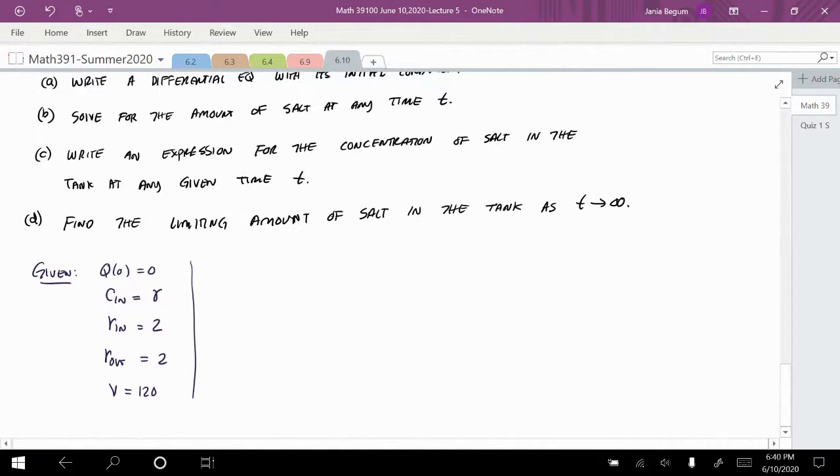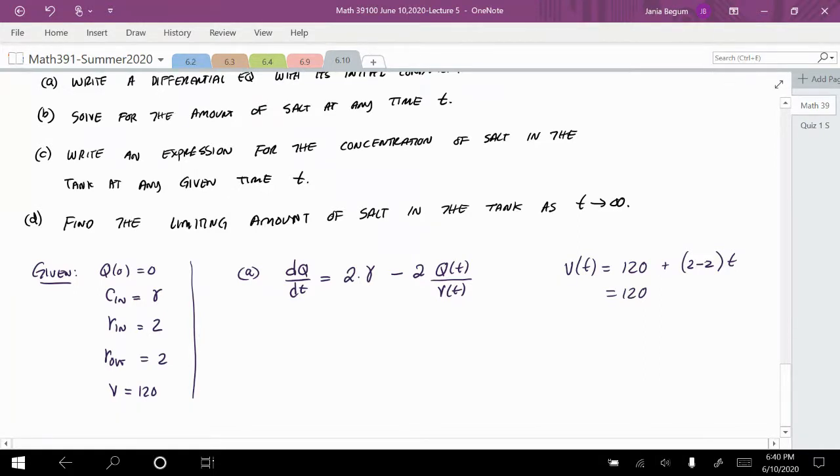So now let's set up the differential equation. So part A, we want dQ/dt. That's going to be rate in times concentration in, gamma, minus rate out, that's 2, times concentration out, that's Q of t over V of t. Well, what is V of t in this case? Just 120. Yeah, right? So if you were to compute it like in a linear equation, you have 120, that's the initial volume, plus rate in, that's 2, minus rate out, that's 2, times t. So it's really 120 plus 0t, that wouldn't affect, right?